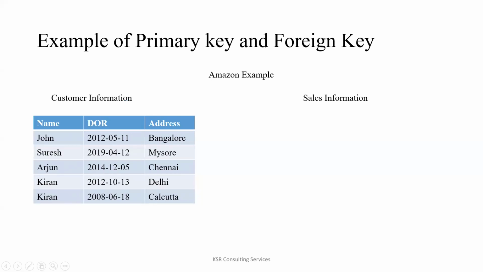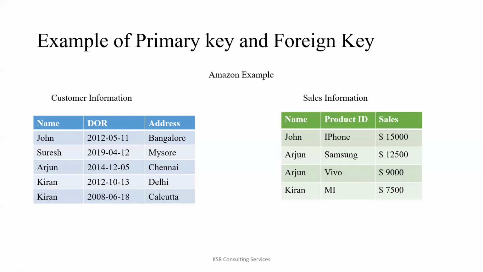Now there is one more table called sales information, which holds the products an individual has purchased. Let me clear one thing. There can be a person who hasn't created an account on Amazon but can still purchase a product. How?